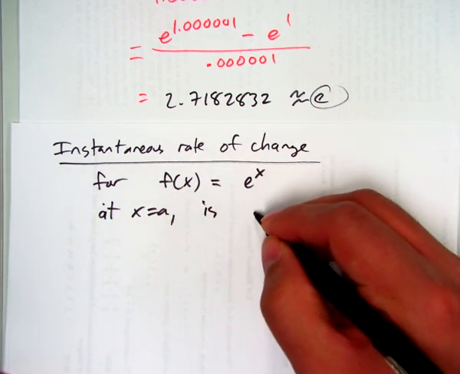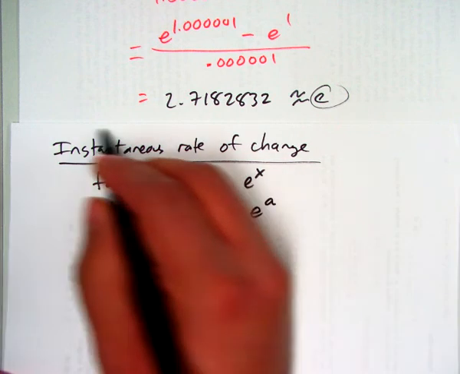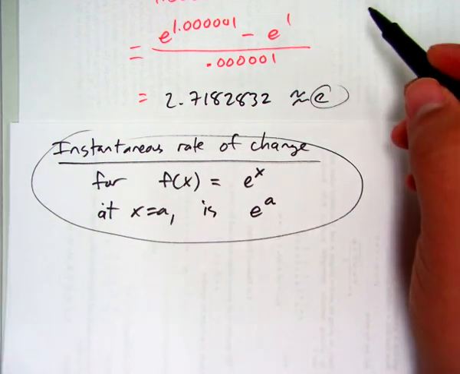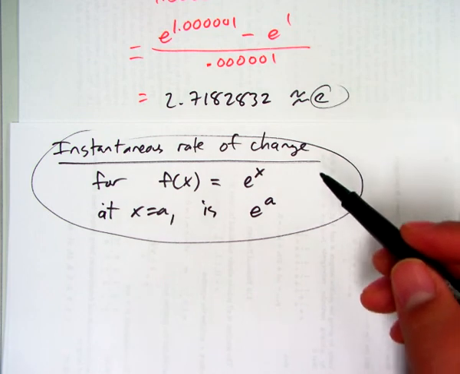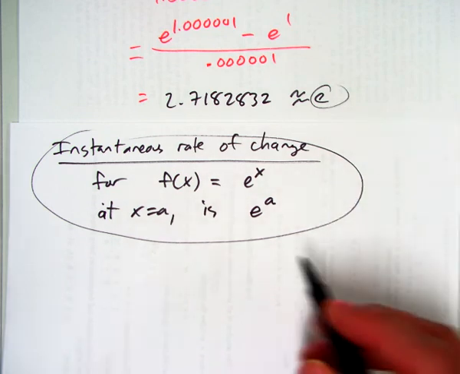So e to the a. This is what you need to know. You're not really going to have to do these calculations too much, but you should know that we got this pretty neat property here.